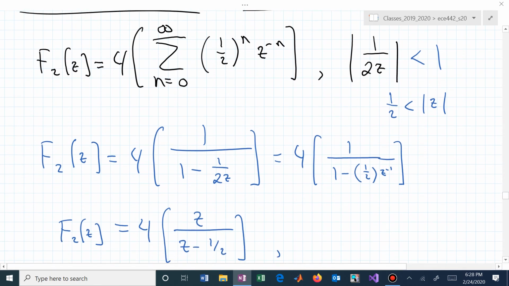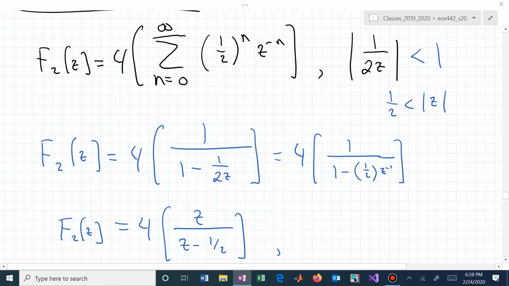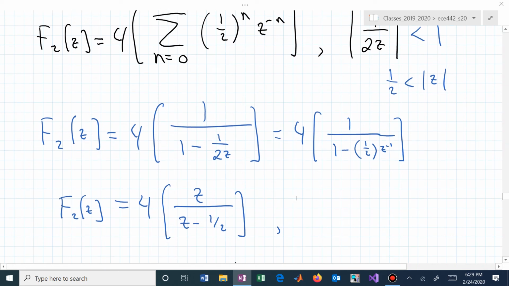That's how we will get the annular region. But here, what do we have? We now know that this will be 4 times 1 over 1 minus 1/2 z to the minus 1. And when is that true? That's true as long as the magnitude of z is bigger than 1/2.